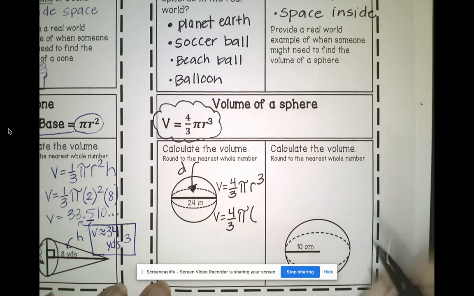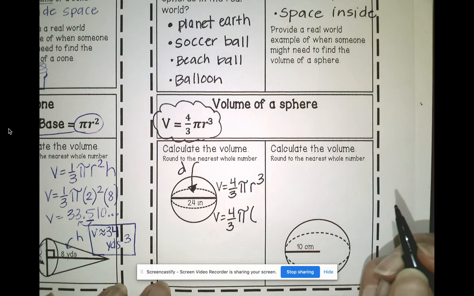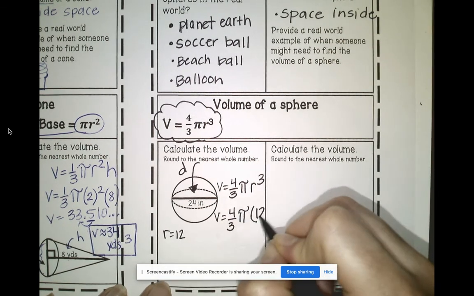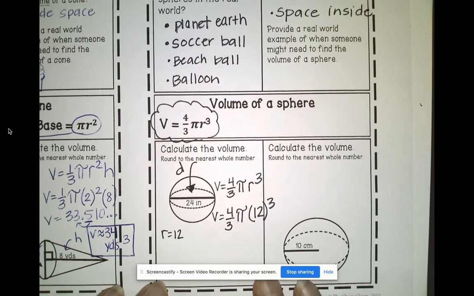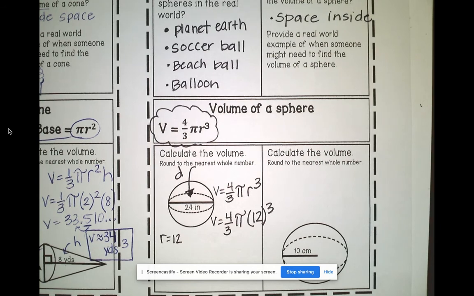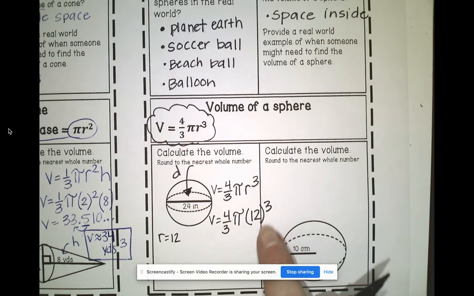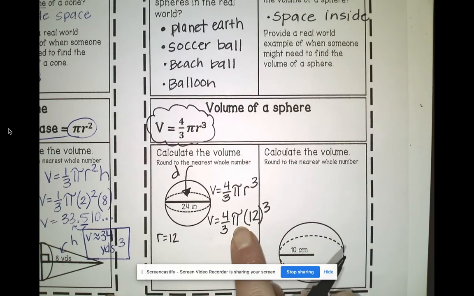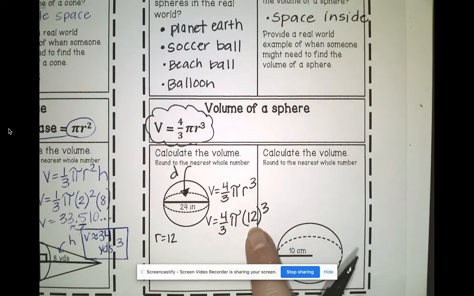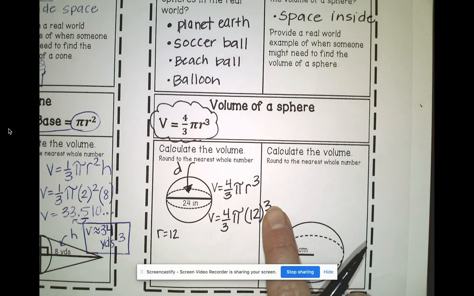That is a diameter. If my diameter is 24, my radius would be 12. So I'm going to plug in 12 to the third power. If you didn't have a third power button, you could multiply 4/3 times pi times 12 times 12 times 12. It's this base number multiplied that many times.